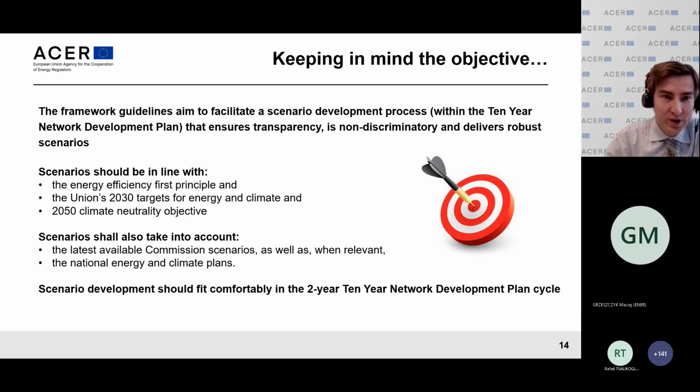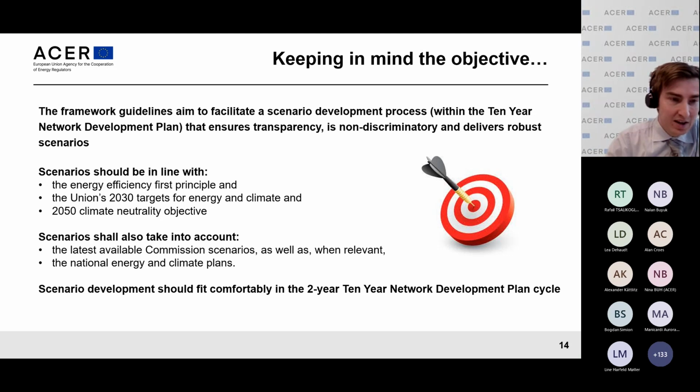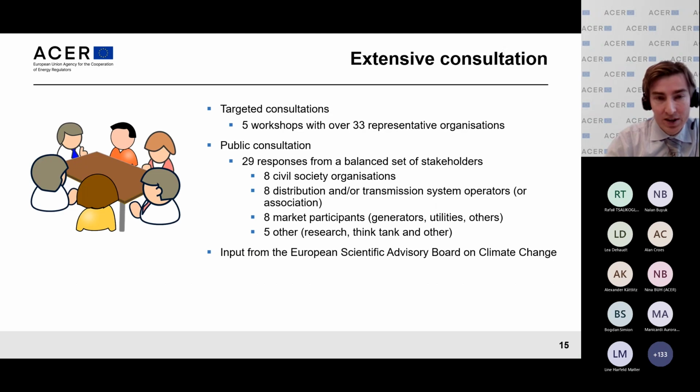So where could we find inspiration for this task? Of course, in the regulation itself. We also had our ACER opinions that we have produced on the previous scenarios that have been developed either separately or lately the joint scenario reports. So our own opinions provided inspiration, but then of course we also reached out to stakeholders.